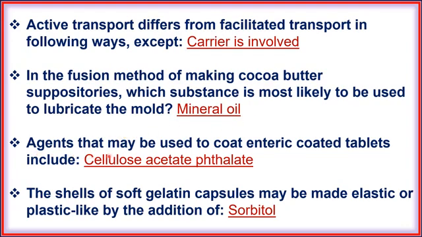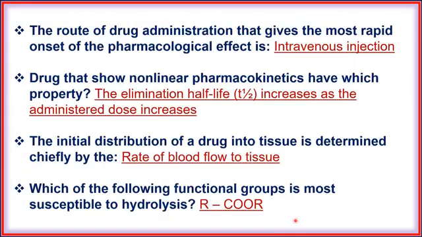Next, agents that may be used to coat enteric coated tablet include cellulose acetate thiolate. Next, the shell of soft gelatin capsule may be made elastic or plastic by addition of sorbitol. Next, the route of drug administration that gives the most rapid onset of pharmacological effect is intravenous injection.